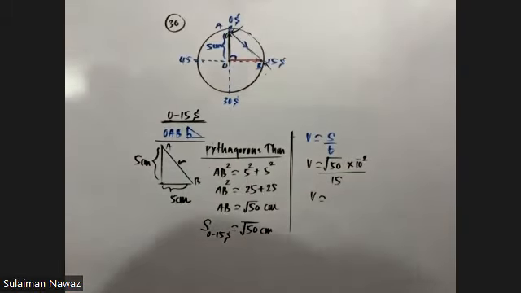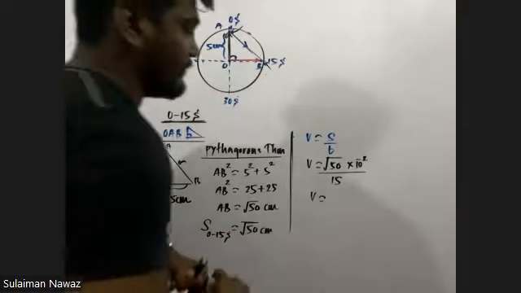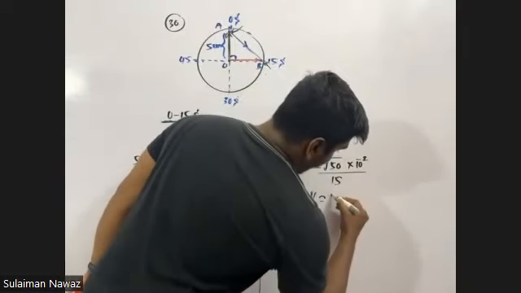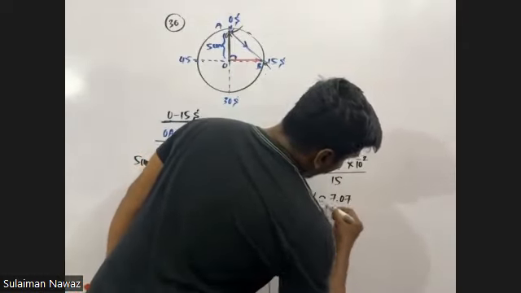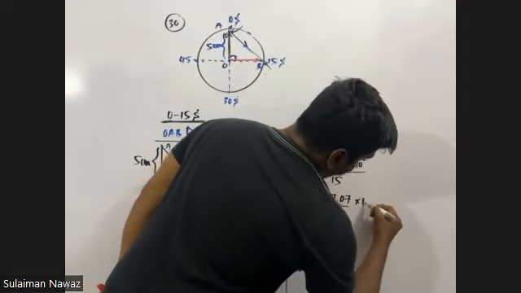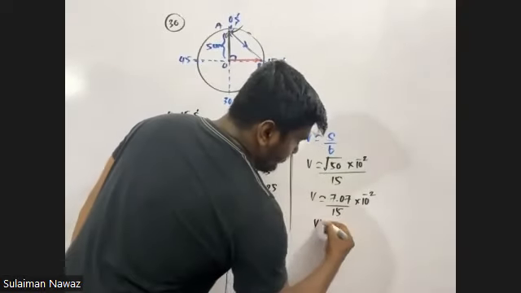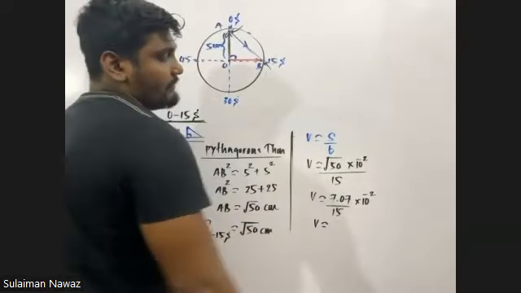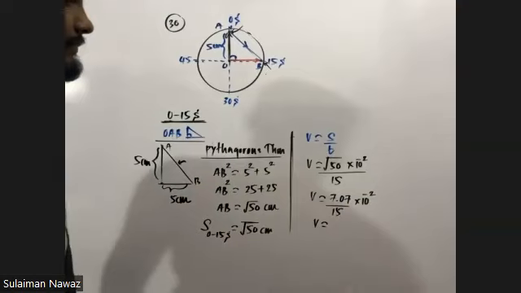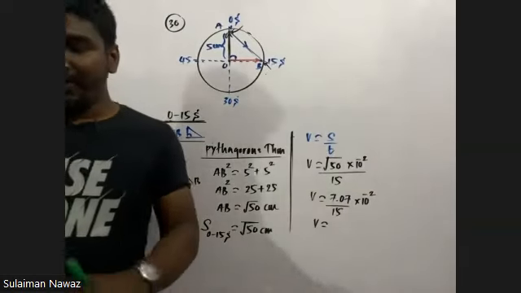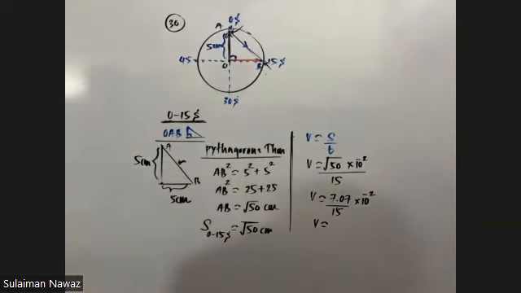Seven point zero seven. Yeah, that's possible. Root 50 means 7.07. So root 50 means 7.07 over 15, times 10 to the power minus 2. Then what is the answer? Could someone tell me the velocity? What will be the answer?